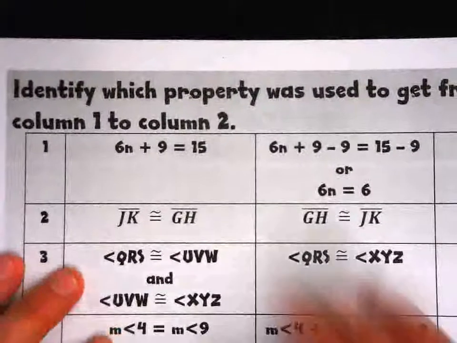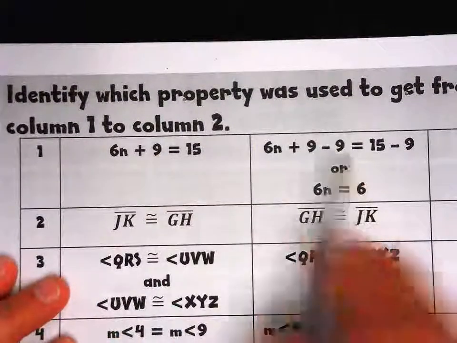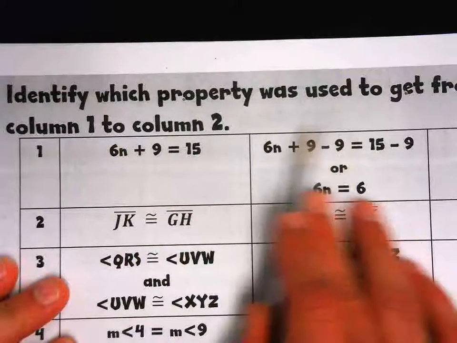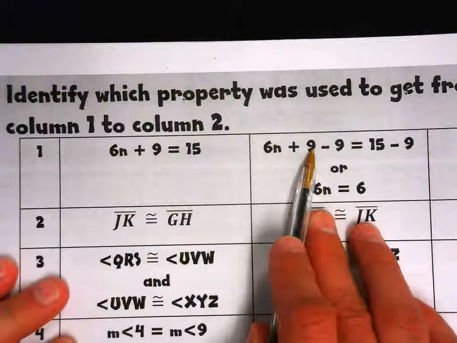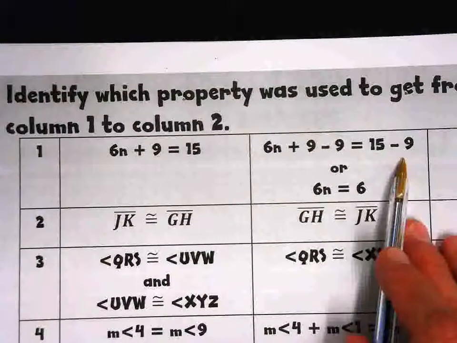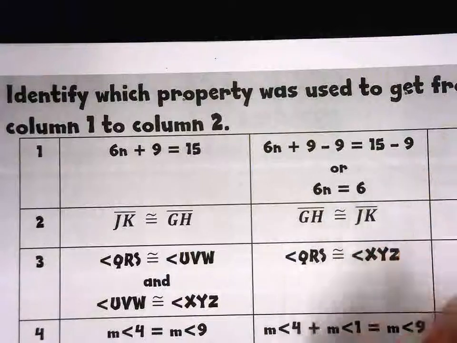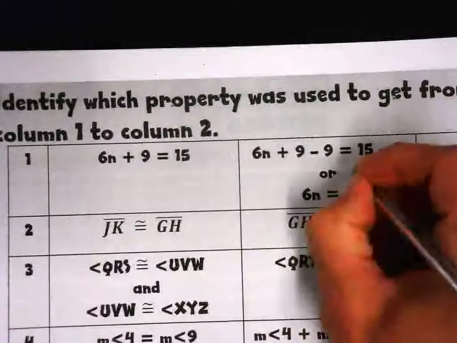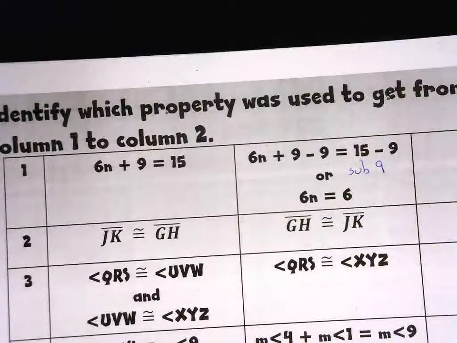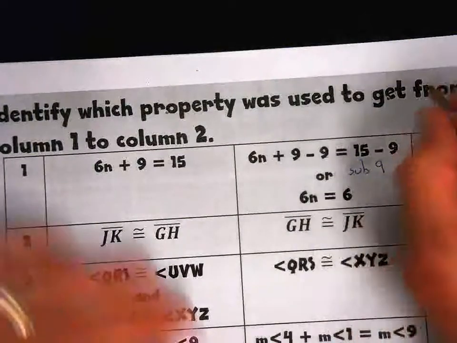Look at the left-hand side, 6n plus 9, and look at the left-hand side now: 6n plus 9 minus 9. Whoa. And then look at the right-hand side, 15. Right-hand side, 15 minus 9. What's happening? We are subtracting 9 on both sides. So we're using the property called the subtraction property of equality.